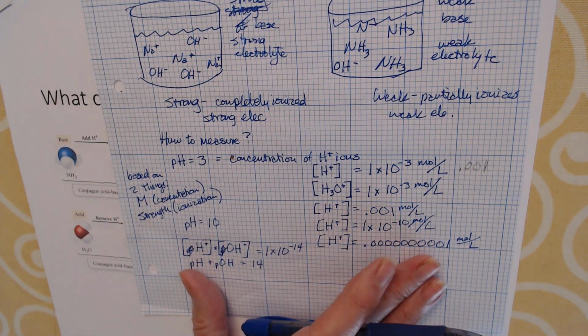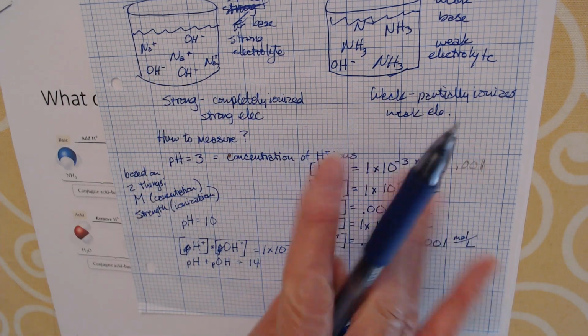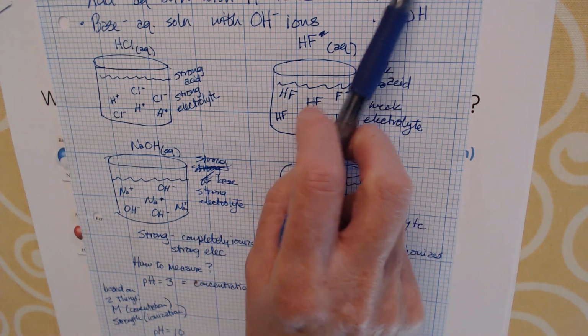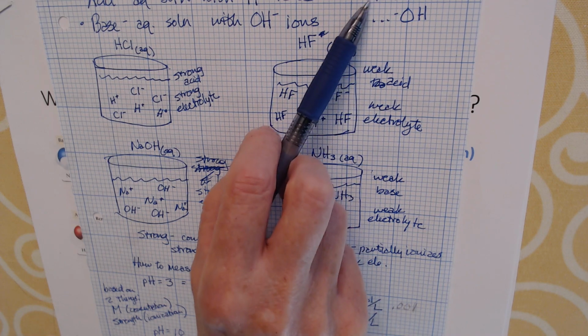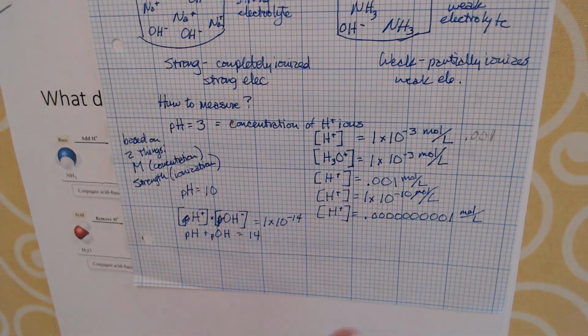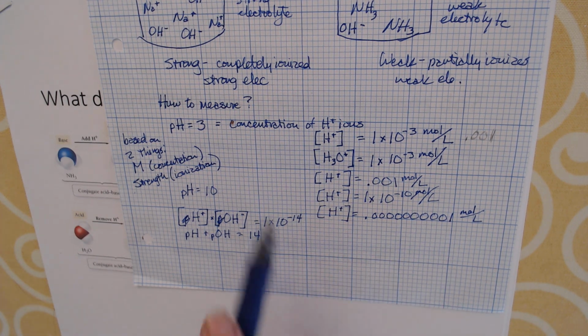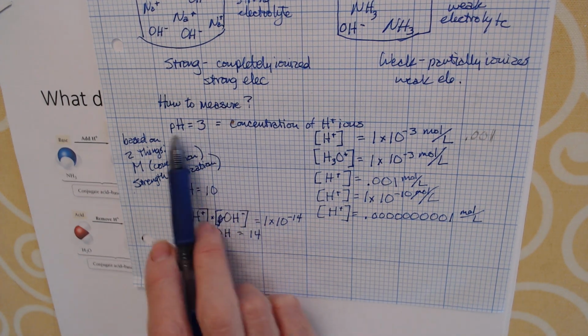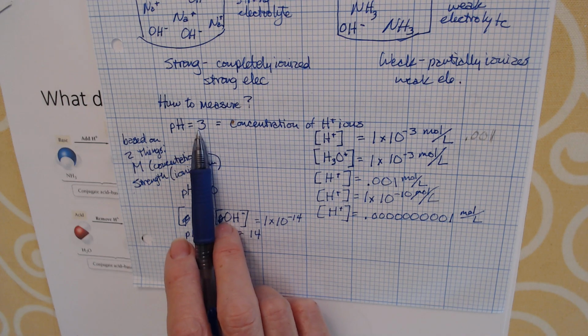Okay, so now that we've got these basic definitions, and again, we're talking Arrhenius definitions here with our H and our OH, we can say, okay, so how do we measure these things? Well, what we do is we use pH, and you know the basics of pH, right?